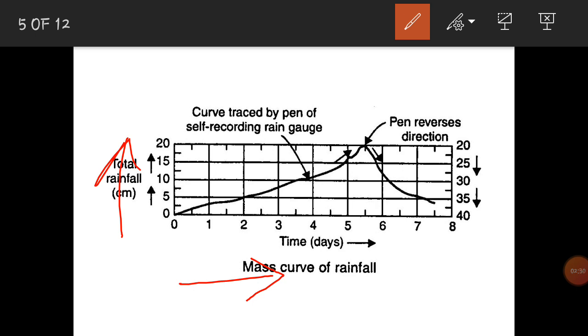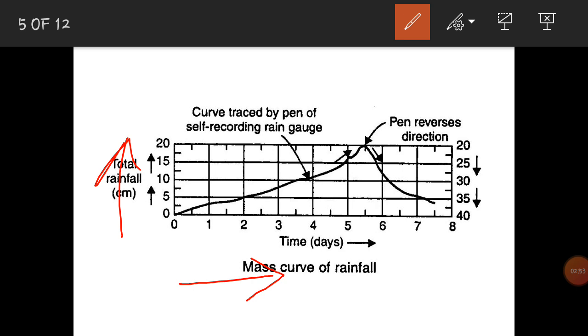The mass curve of rainfall is a plot of the accumulated precipitation against time, plotted in chronological order. The records of float type and weighing bucket type gauges are of this form.